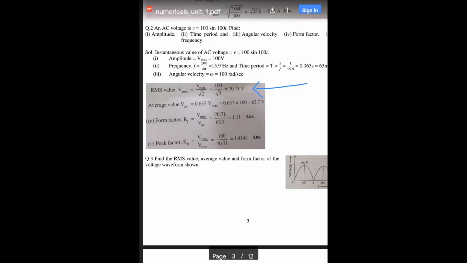So we can calculate the average value, and when we divide the RMS value by the average value, we will get the form factor, and the peak factor is 1.414. It is constant for sinusoidal quantities. Okay, but if we are still required to represent this using a formula, we can do it using this. So in these sorts of numericals, we have to identify the wave shape and act accordingly.